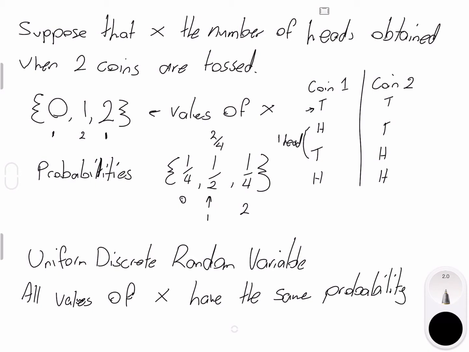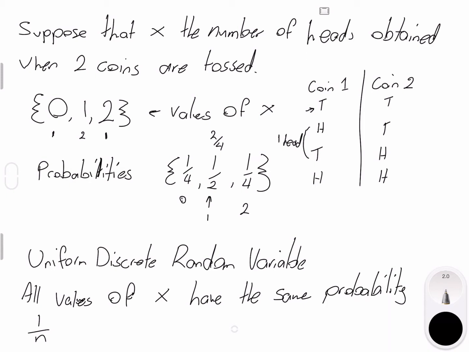That is 1/n. We could just say n. So if we work it out and all have the same probability of occurring, then we could call that a uniform discrete random variable.